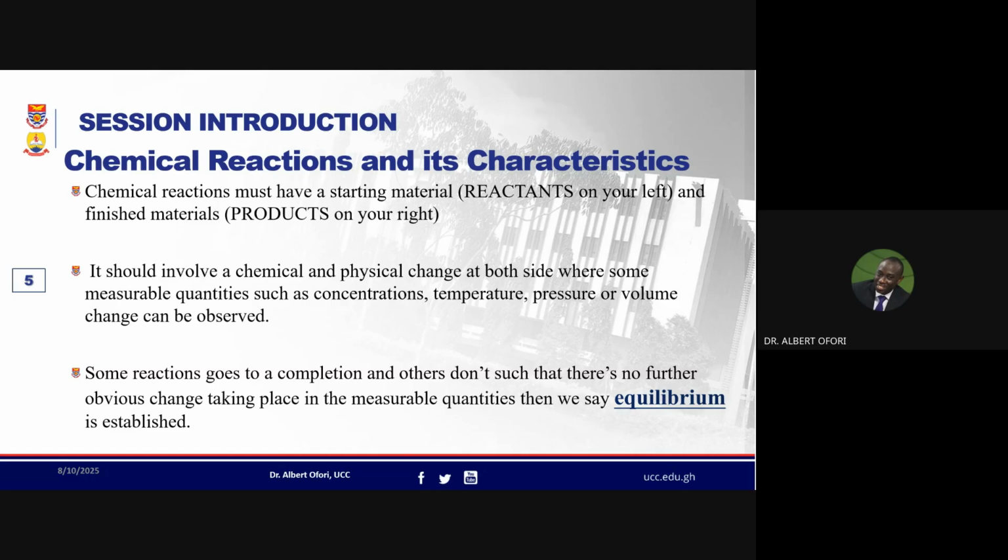Now, for every chemical reaction, what do we know? We build a concept from the introduction of chemistry. If you want to define what chemistry is, basically we are trying to study matter. And what is this matter?